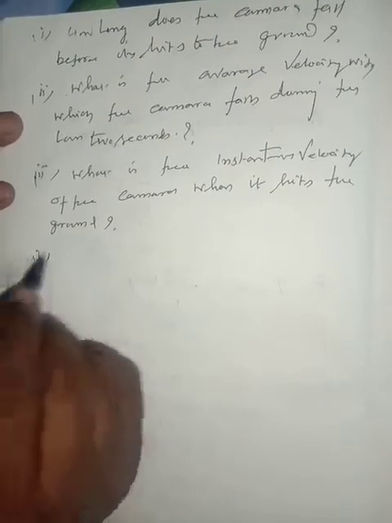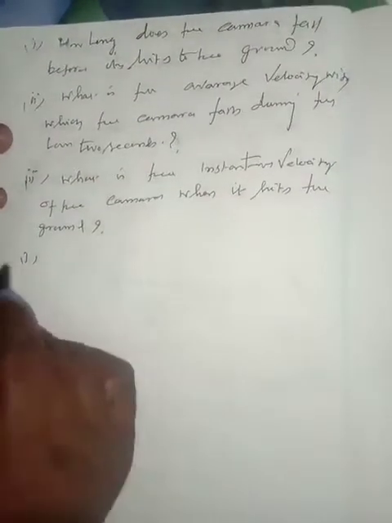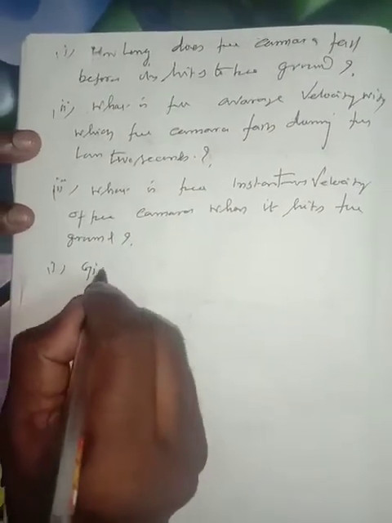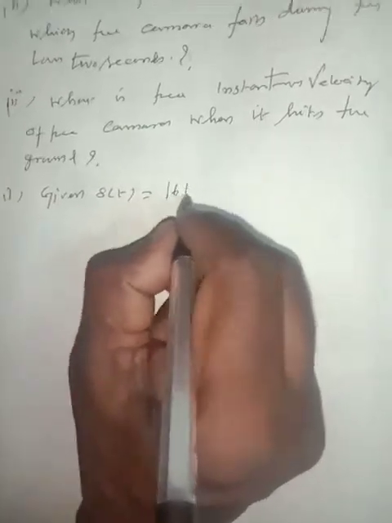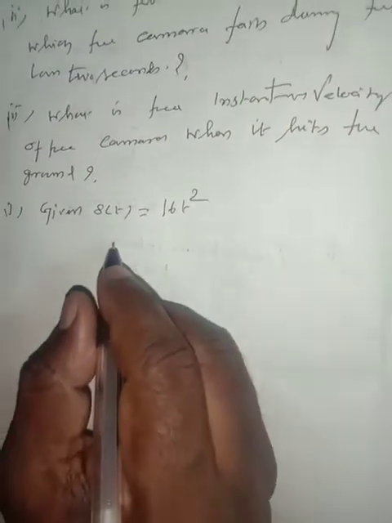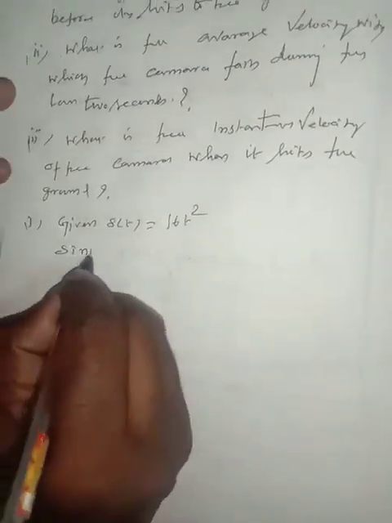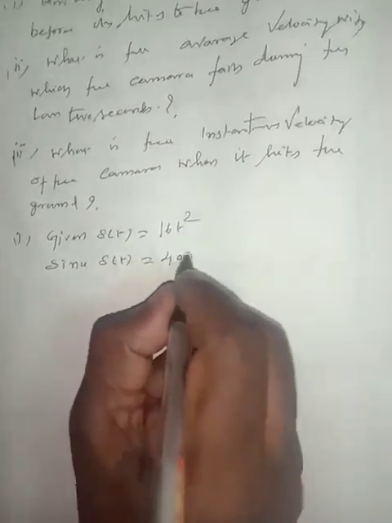Question. Solution number 1, how long does the camera fall before it hits? Given s of t is equal to 16 t square. Now s of t is equal to height, since s of t is given by 400.